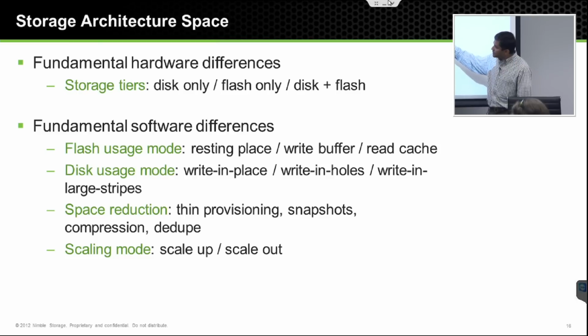And that layout also determines what kind of space savings you get. How efficient is thin provisioning, snapshots, clones, compression, dedupe. All of that comes from how the data is laid out.